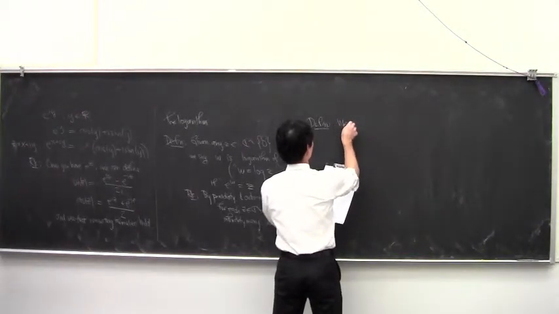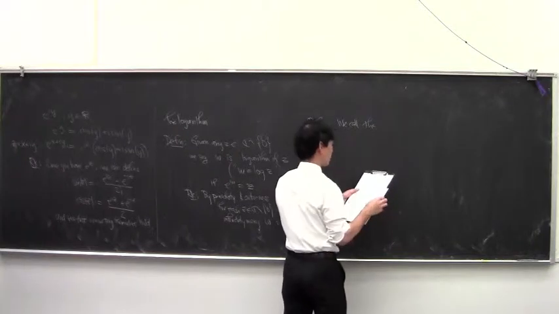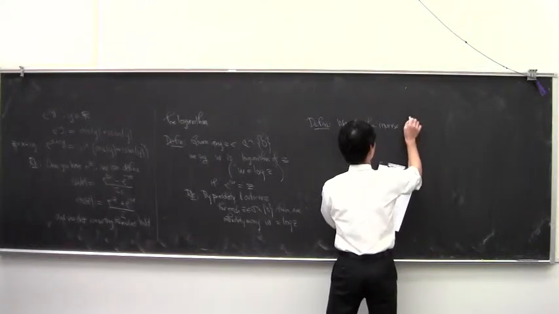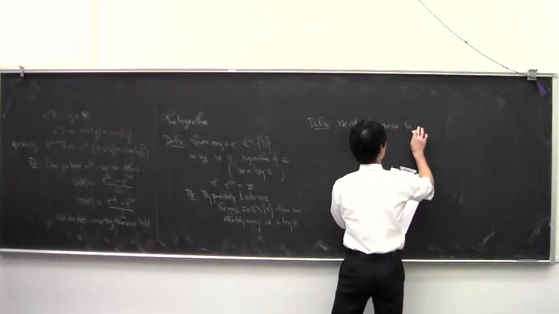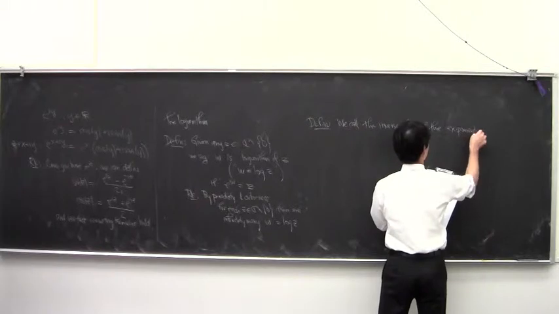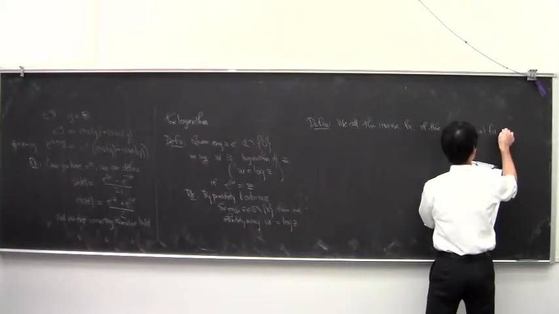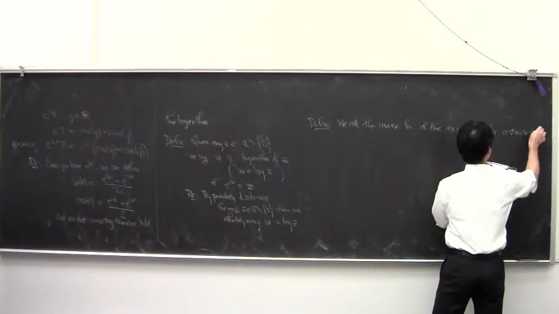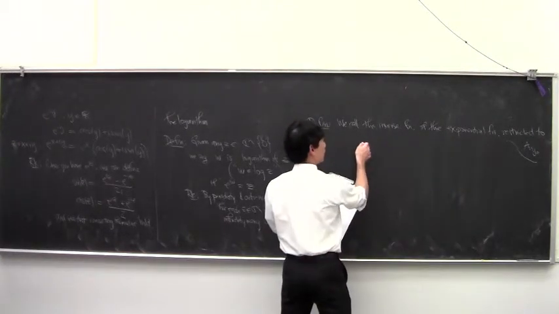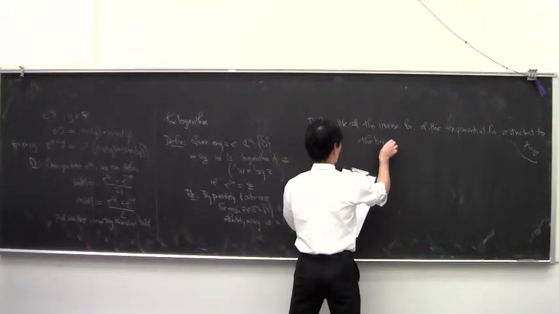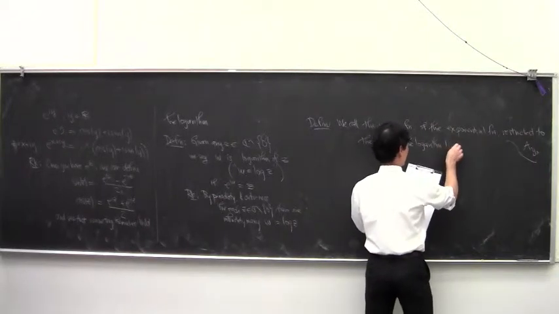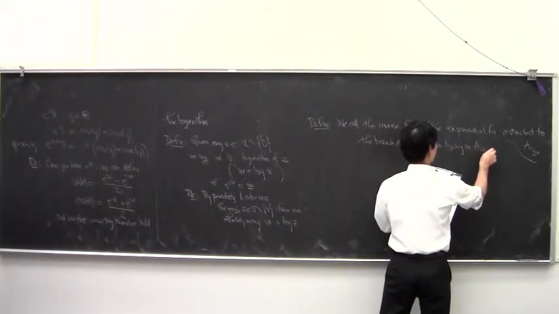Let me write it this way. We call the inverse function of the exponential function restricted to a y0 the branch of the log lying in a y0.